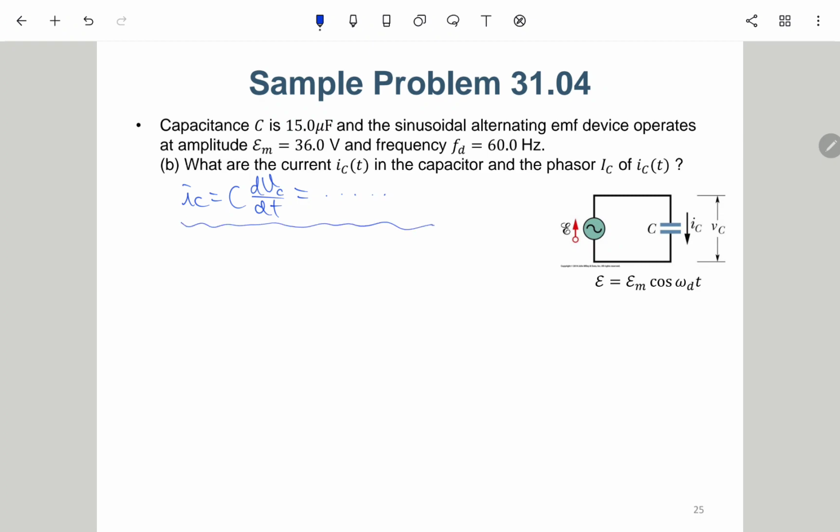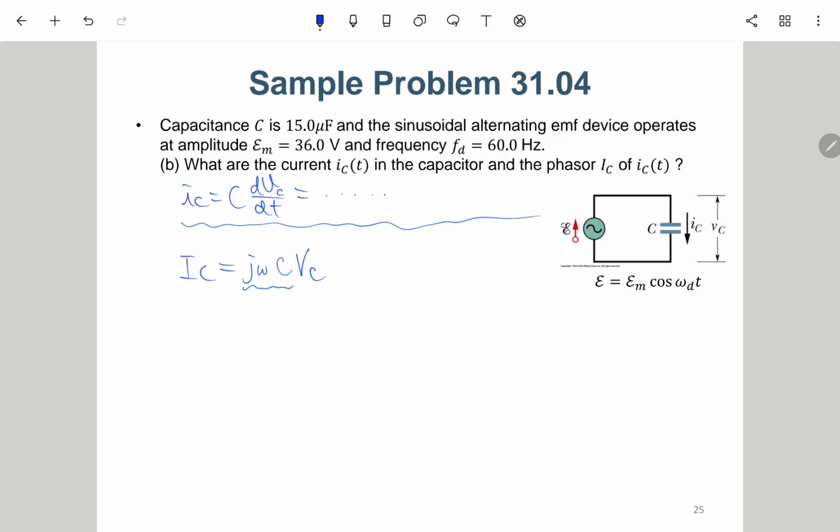But here we try to use the phasor. Here IC is j omega C VC, the reciprocal of the impedance of a capacitor.